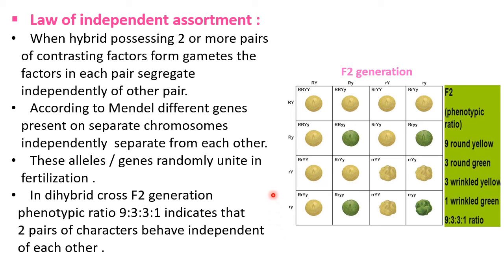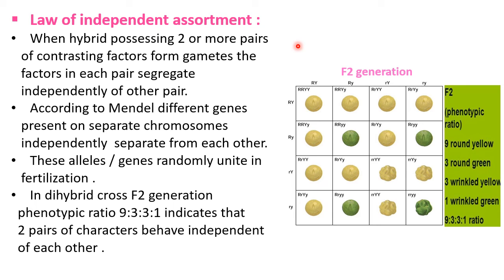Then after crossing, in the F1 generation, hybrid round yellow seeded plants were produced. They were all round yellow seeded, while wrinkled green seeded plants were not produced. So round yellow seeded plant is a dominant character, while wrinkled green seeded plant is a recessive character.